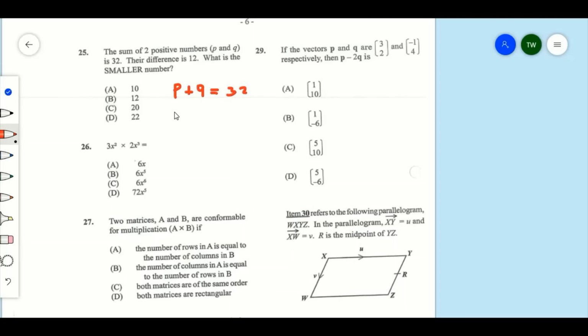And we know that P minus Q is going to equal 12.